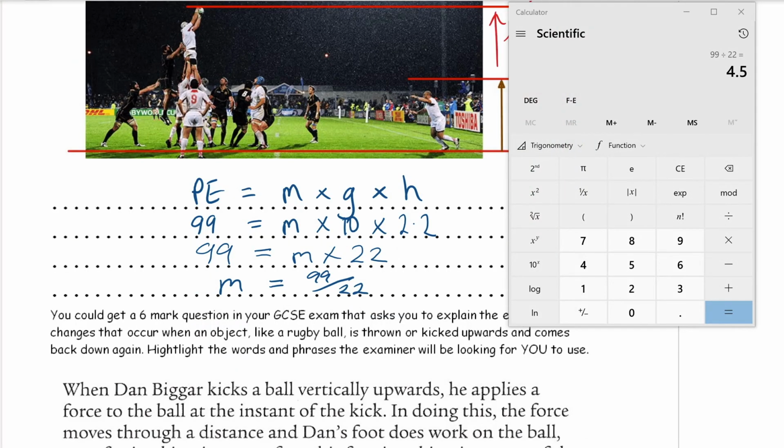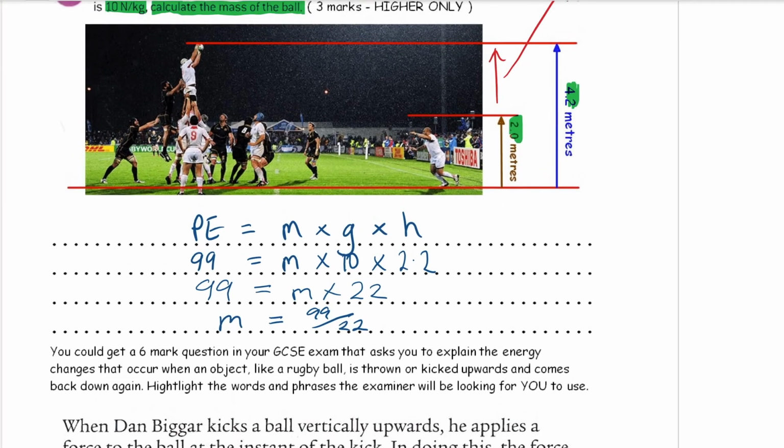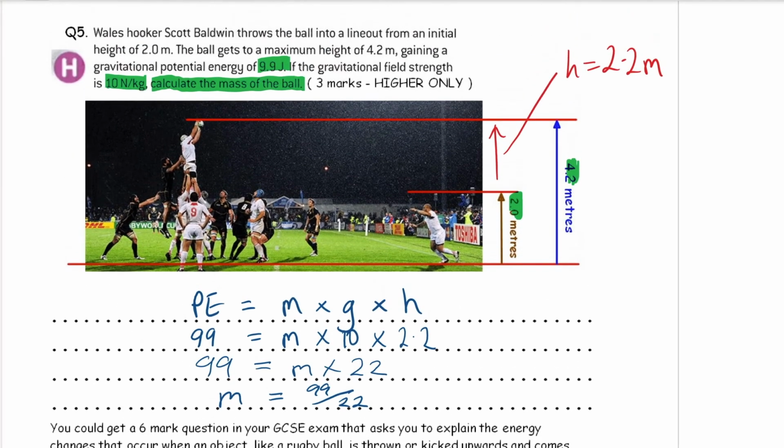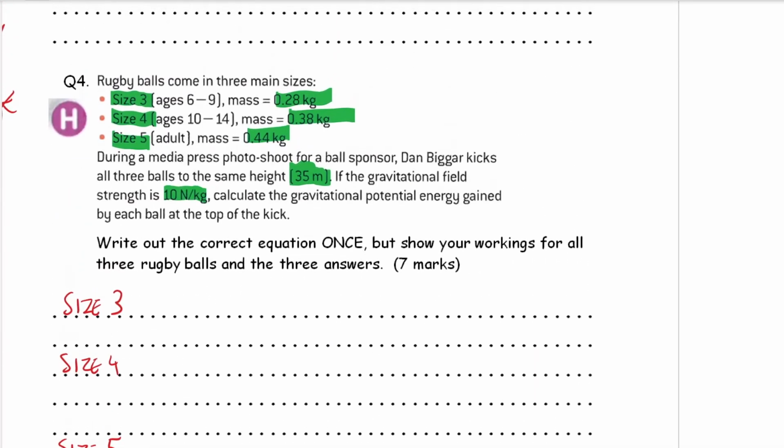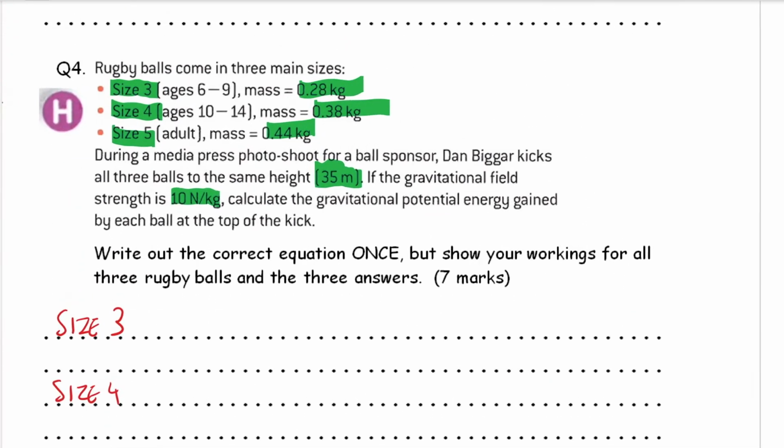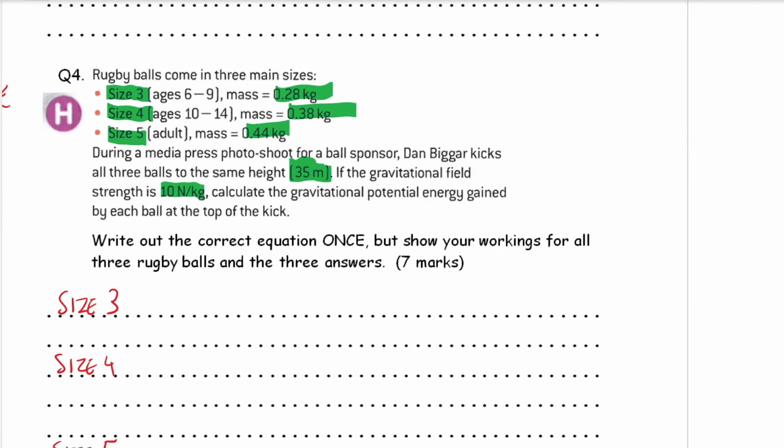I'm pausing there because I'm thinking to myself, oh, that's not a sensible answer. Because a 4.5 kilogram rugby ball would be far too heavy. Look, up here we've got size 5, 0.45 kilograms. I'm thinking, I've made a mistake.